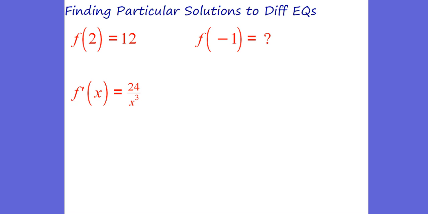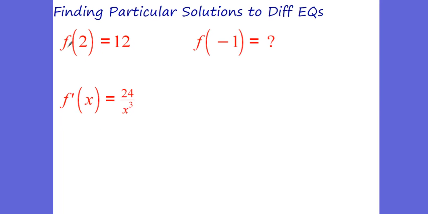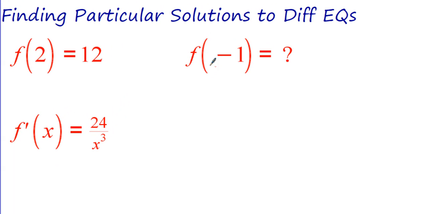You may want to practice these to find your particular solutions because they show up on almost every AP Calc exam. Here, we know f of 2 is equal to 12. We want to know what f of negative 1 is. I don't know what it is, but they gave me a differential equation. They gave me the slope, dy over dx, equals 24 over x cubed, or 24x to the negative 3.